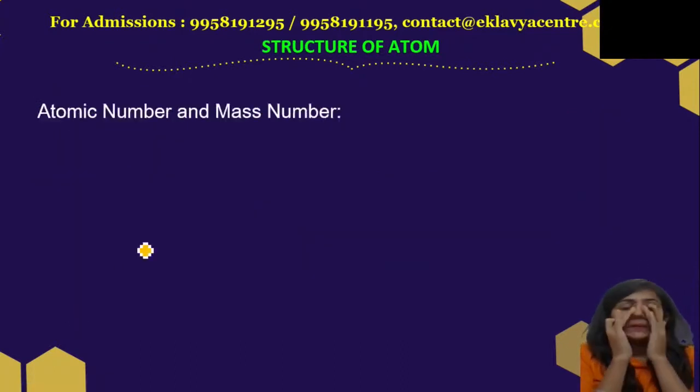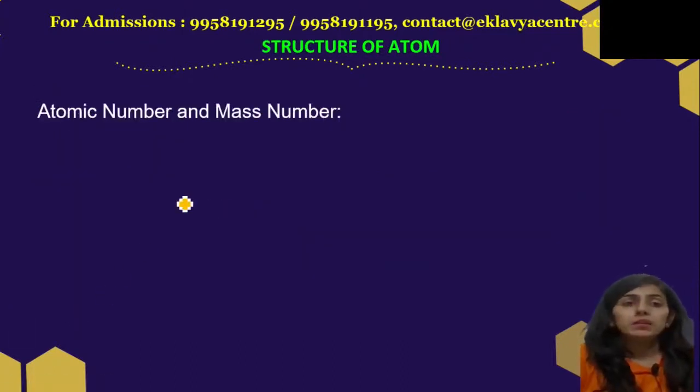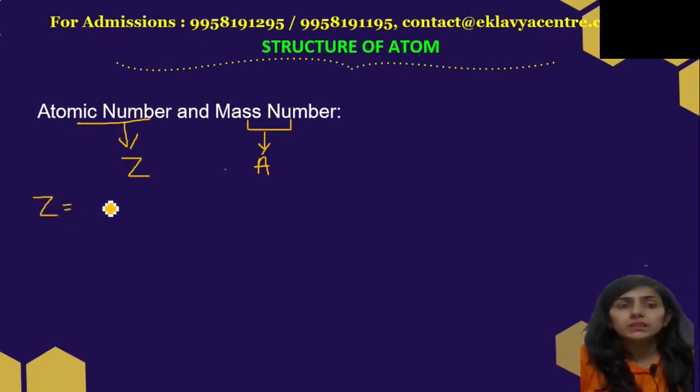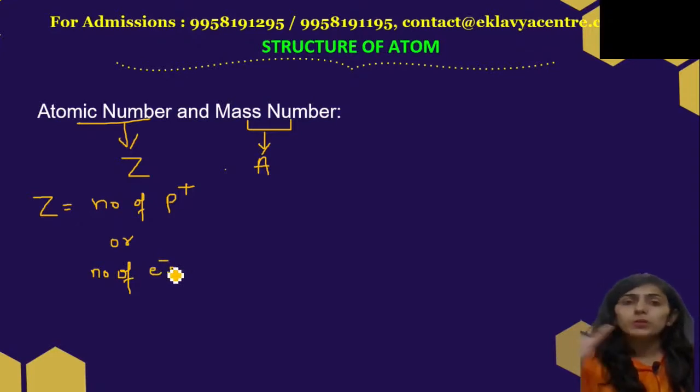Now we have atomic number and mass number. You must have studied about this in your junior classes. Atomic number is denoted by Z and mass number is denoted by A. What is atomic number? Atomic number, beta, is the number of protons or the number of electrons, right? What is mass number?